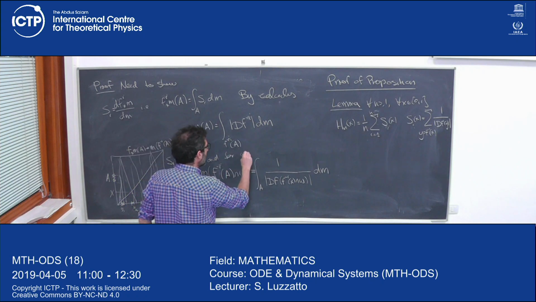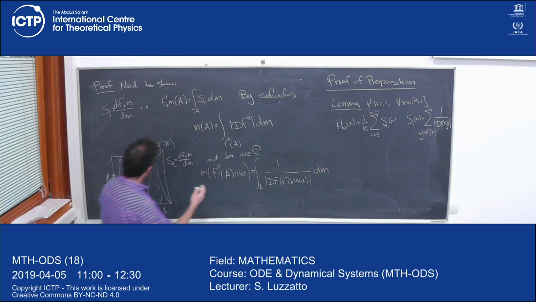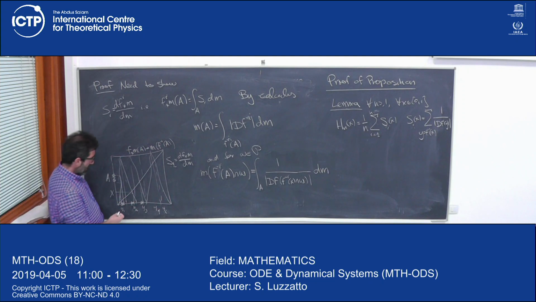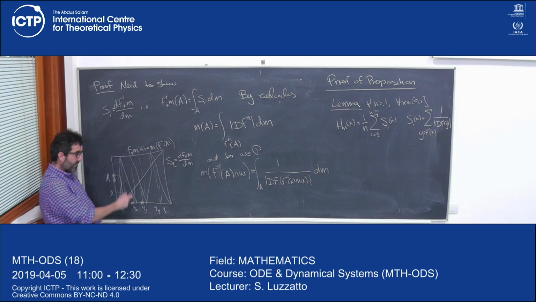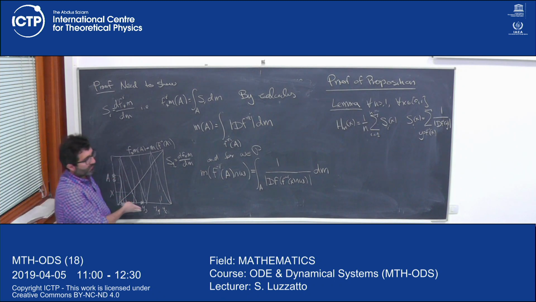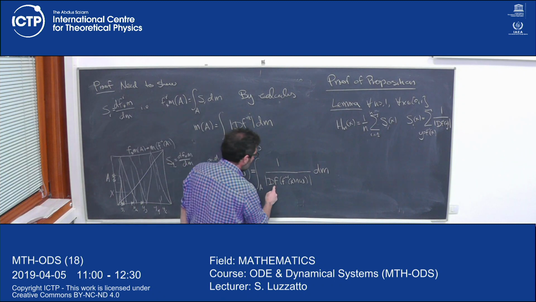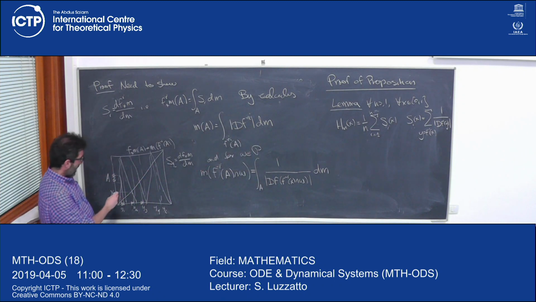So this is omega in our partition element that defines the full branch map. And then we look at the pre-image of A restricted to one of these. So we look at one of the components of the pre-image, and we can write, by exactly the same formula, looking at the inverse branch, that this is equal to the integral over A of the derivative of the inverse, which is just 1 over the derivative of f minus I of x.